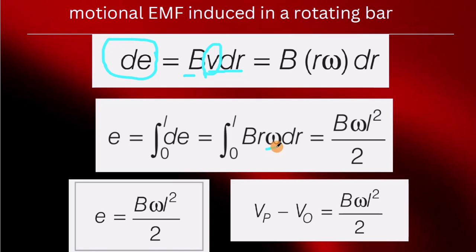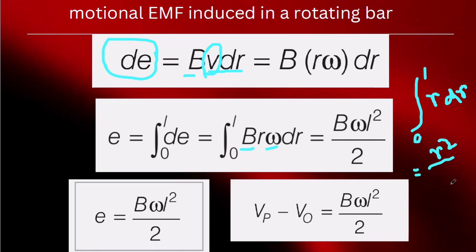Now this omega is constant angular velocity, this magnetic field is constant. So B and omega come out. What is left? Integration from 0 to L of r dr. And this integration is r square by 2.